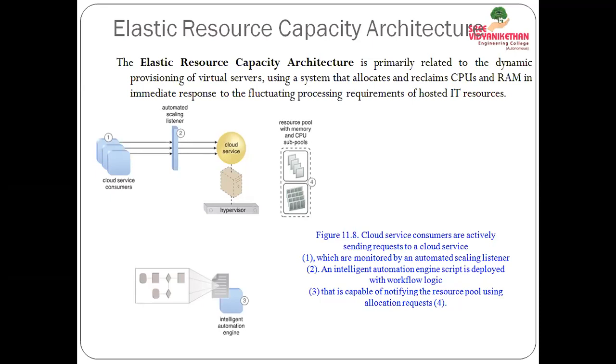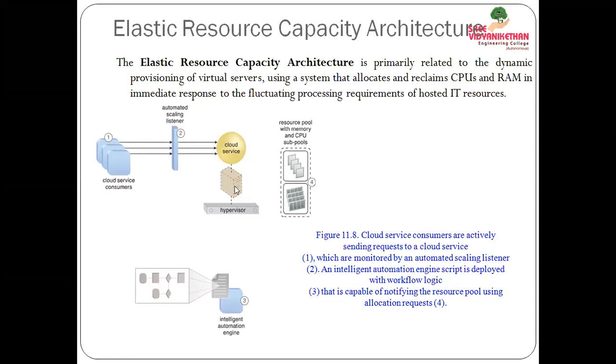In fact, this is one more reason why I have chosen both the architectures to discuss in the same class. So in the elastic resource capacity architecture also, you will come across the automatic scaling listener, which will be constantly listening, and there will be a pool of resources available, and there will be one intelligent automation engine.